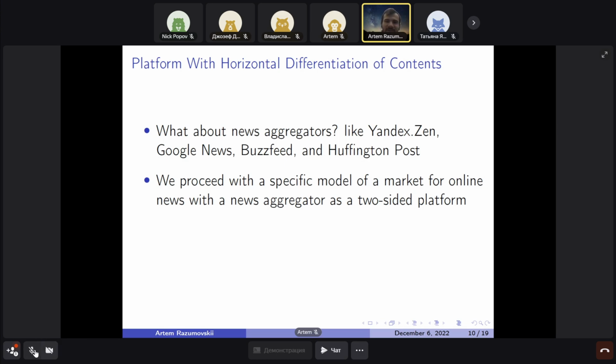So the first question was about the agencies who produce the news, who are creators of the content. And the next question is why a news aggregator is a two-sided platform.